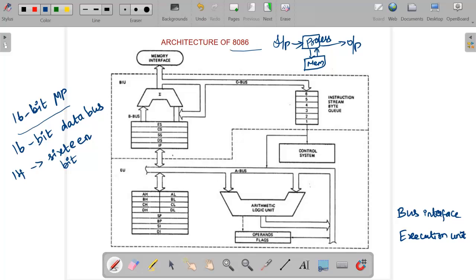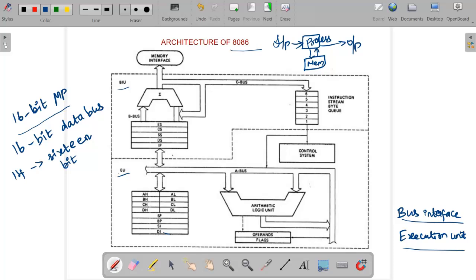So generally the block diagram or architecture of 8086 is split into two units. One is BIU, another one is EU. BIU is the upper part within this dotted line, and the execution unit is the lower part of this dotted line. So what is BIU? BIU is the bus interface unit, and EU is the execution unit.